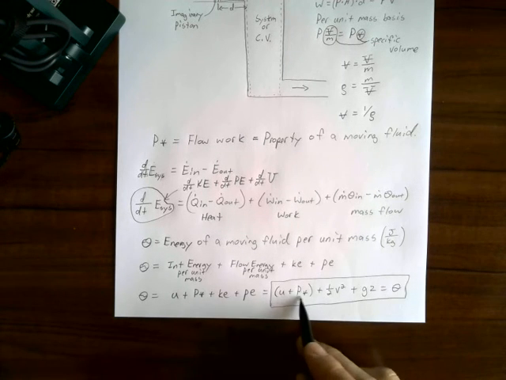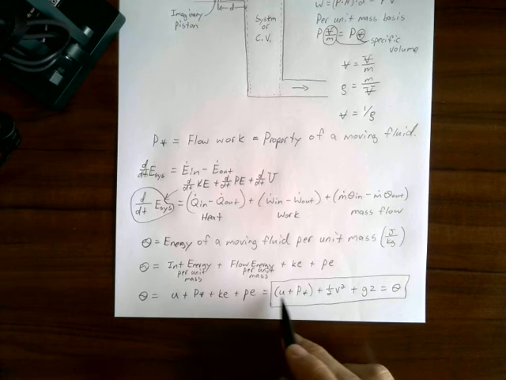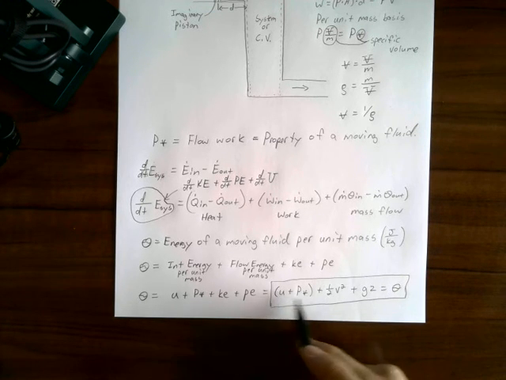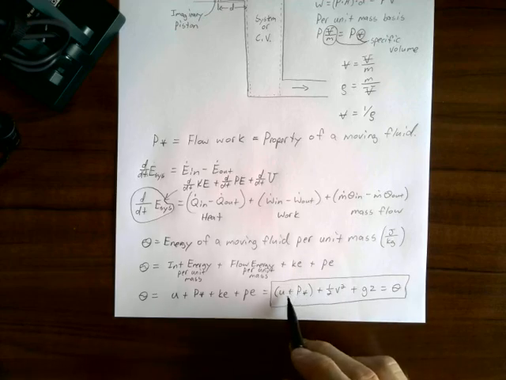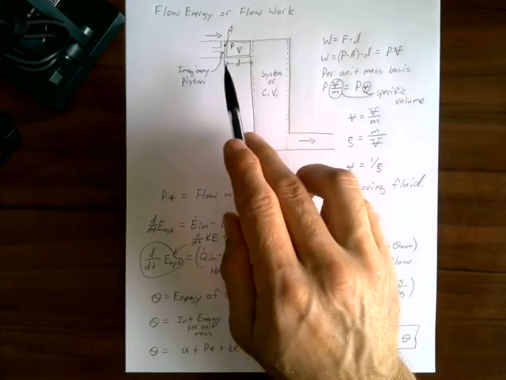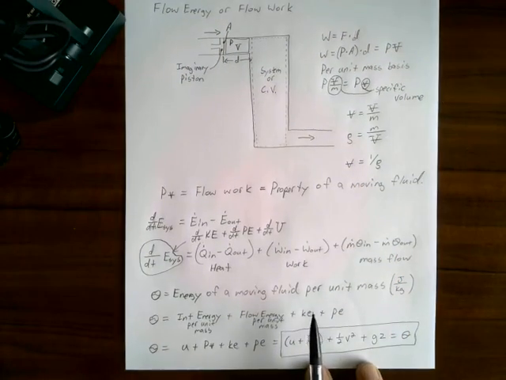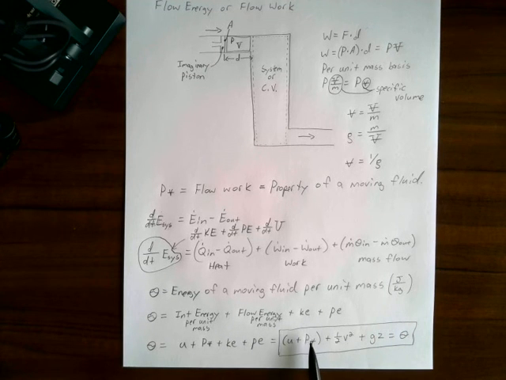So here we have a grouping of individual properties of the fluid, intrinsic properties of the fluid. So if I can know the state of the fluid as it enters the imaginary piston, because if I know 2 of these properties, I know the state, right? So if I know 2 of these properties, I know the third, or if I know the state of the system as it enters the system or control volume, then I know all these properties.